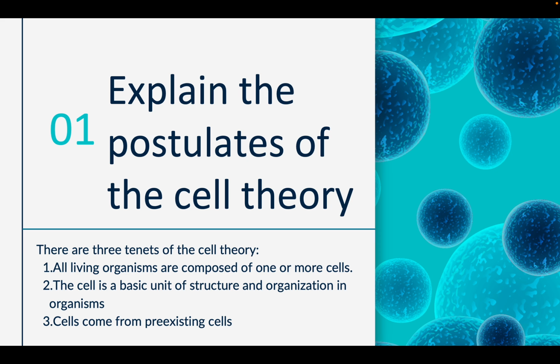They arise from pre-existing cells through the process of cell division, where a parent cell gives rise to two or more daughter cells. So this concept is known as biogenesis. It is a significant departure from the earlier idea of spontaneous generation, in which life could arise from non-living materials.